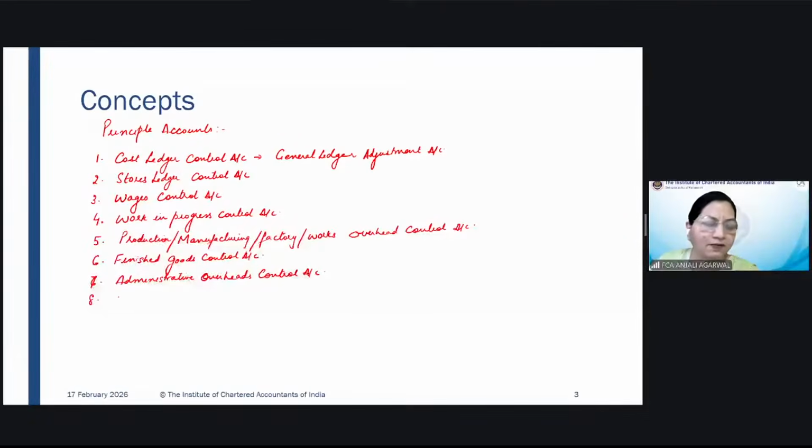You also incur selling and distribution overheads. So you have selling and distribution overheads control account. All this moves to cost of sales account.